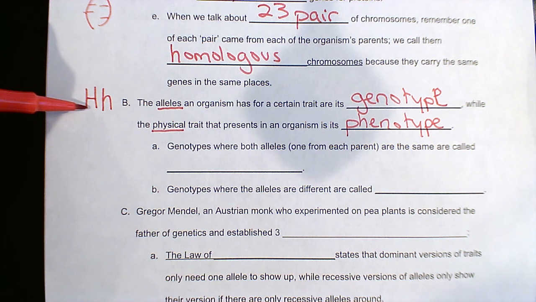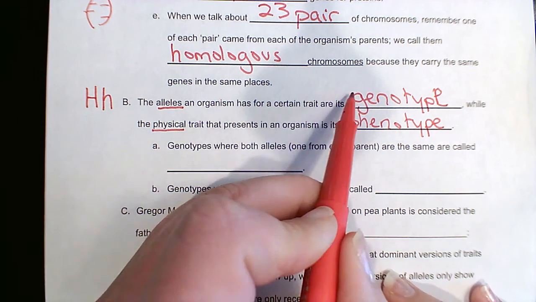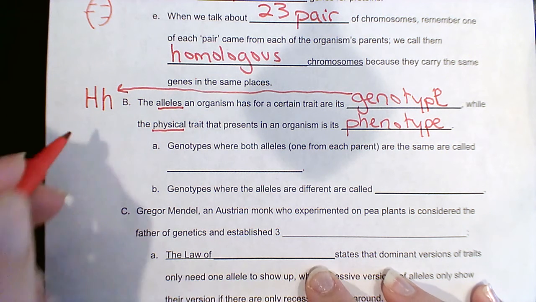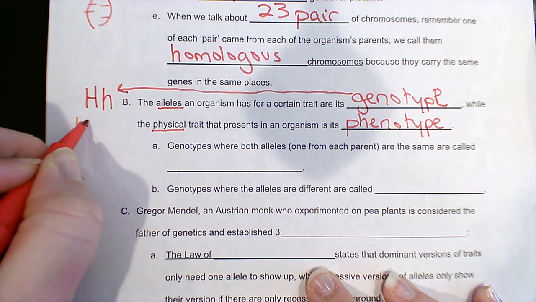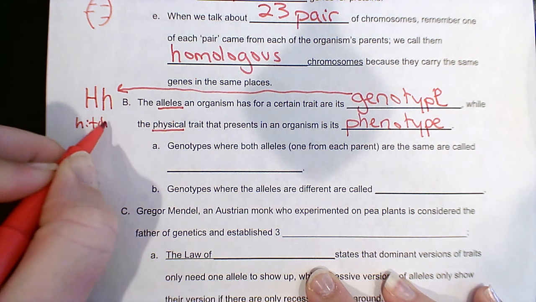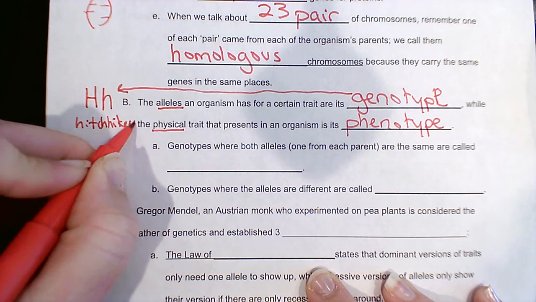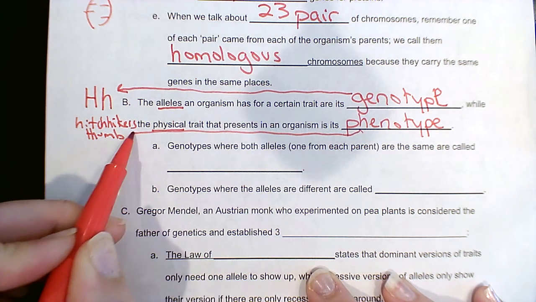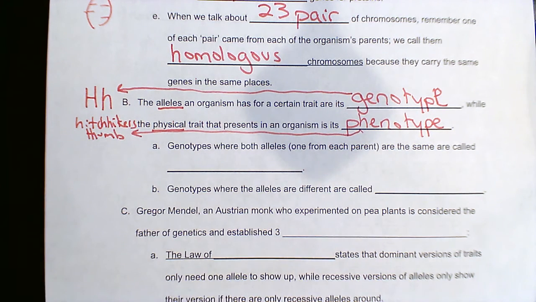So this is on one chromosome that I got from dad, and this is on another chromosome that I got from mom. This would be the genotype, the letters of the alleles that they have. And the phenotype would be what shows up. I don't know if I spelled that right. So the phenotype is physically what trait that organism has.